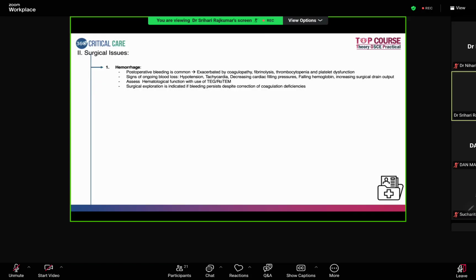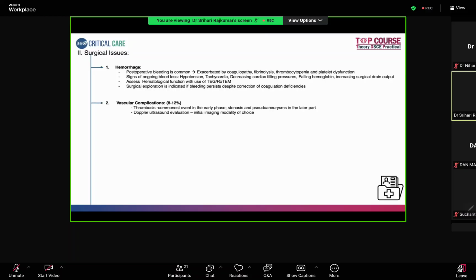One of the ways you can assess hematological function, that is coagulopathy, fibrinolysis, or platelet dysfunction, is to go with the TEG or ROTEM. Darshan has done a talk on this, so I would personally recommend you look into that in case you don't have much of an idea on TEG. And surgical exploration is indicated if bleeding persists despite correction of your coagulation deficiencies.